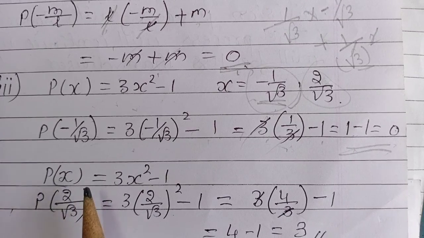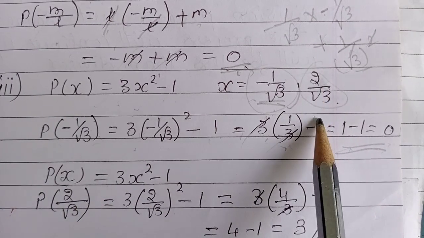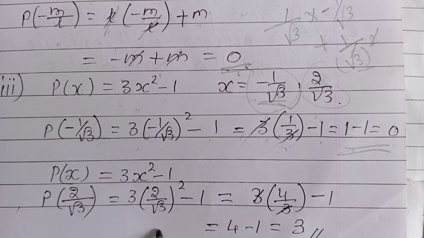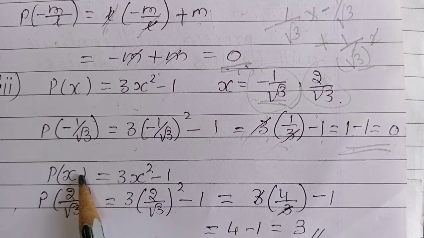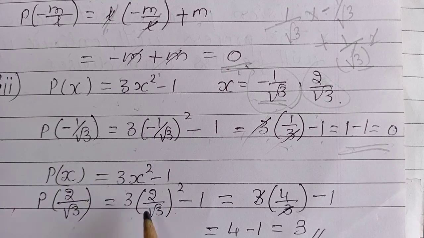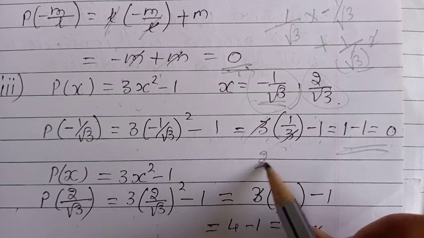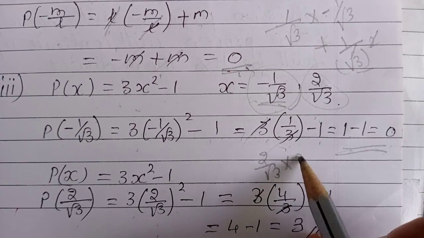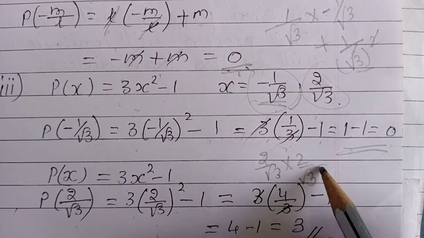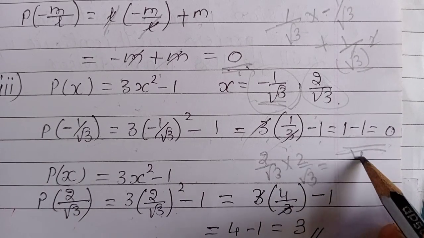Now let us move to this. One more value they have given now, 2 by root 3. That we will substitute. So x value is 2 by root 3. 3 as it is. In the place of x, 2 by root 3 whole square. Here also 2 by root 3 into 2 by root 3 whole square, you can write it as 2 times 2, 2 2s are 4.